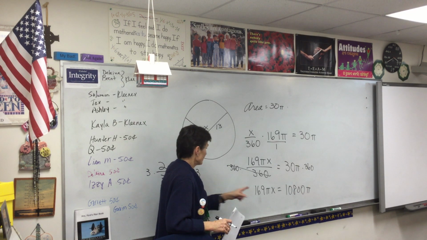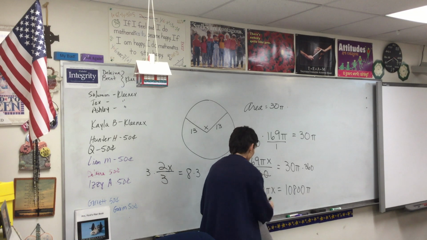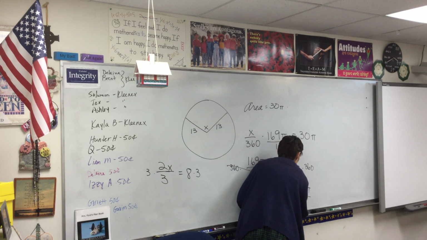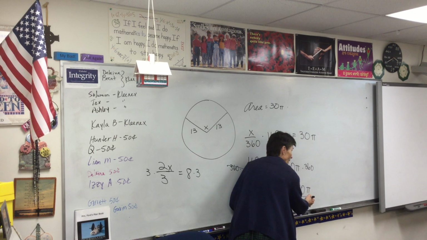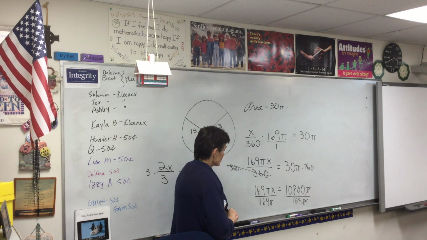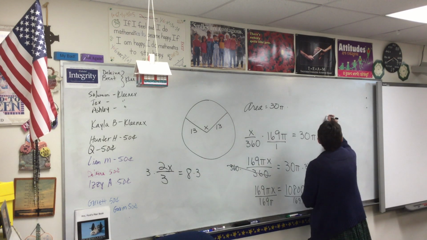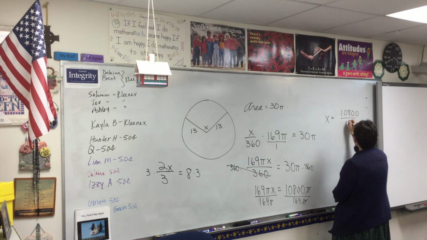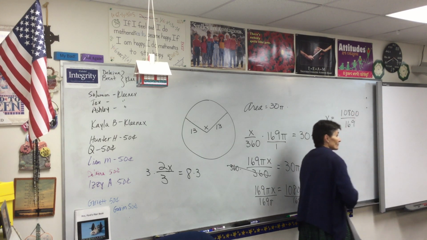X. So you divide by 169 pi. Now, before you start freaking out, what's going to happen to the pies? They're gone. So X is 10800 over 169.